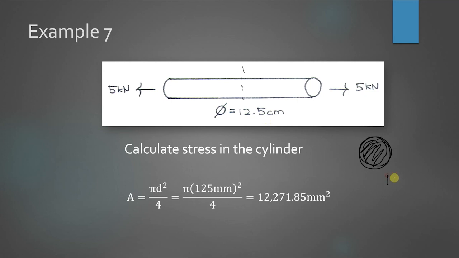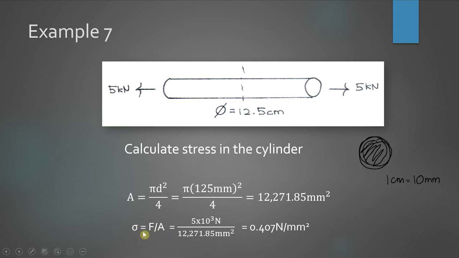As you know, 1 cm is equal to 10 mm, so 12.5 cm means 125 mm. Then put in the formula: pi times 125 mm power of 2 divided by 4, and you get 12,271.85.